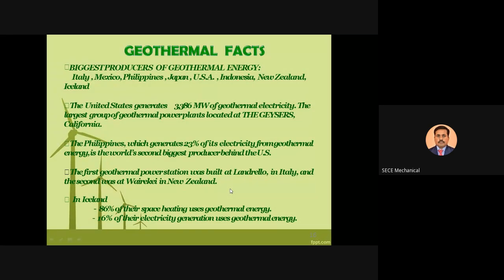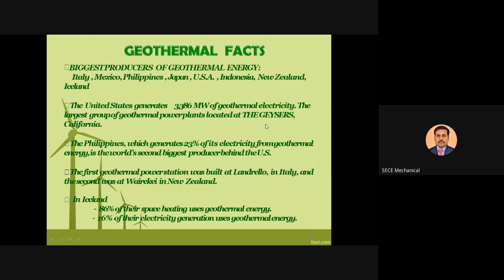The first geothermal power station was built in Larderello in Italy, and the second was in New Zealand. So this is about the world geothermal facts. In Iceland, 86% of the space heating can be replaced by geothermal energy, and 60% of their electricity generation uses geothermal energy.